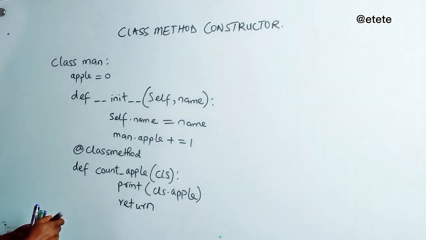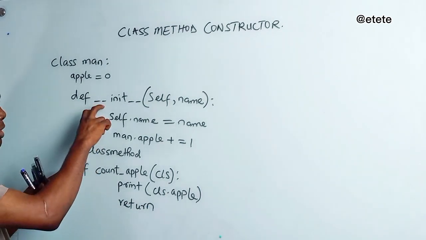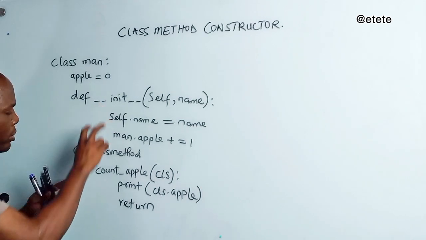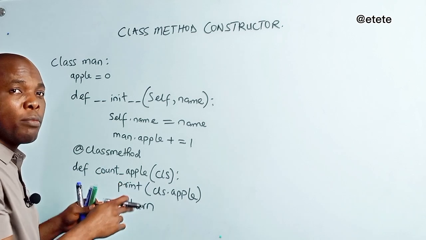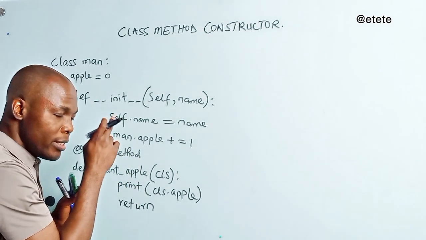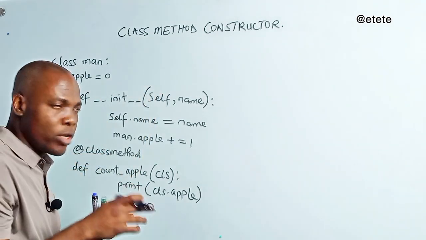Okay, so this is our class that we have created. So this is instance method. This is a class method. But I want to create another class method where I'm going to use that class method as a constructor.